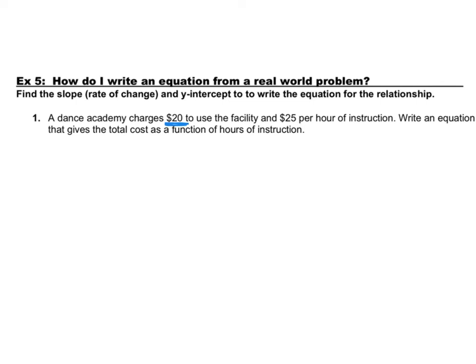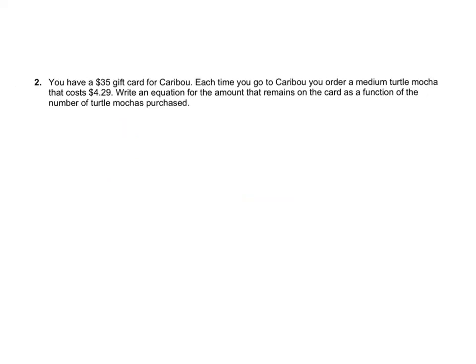So I think it said function, so let's just do f of x is equal to our $20, and then our $25 is per hour. So our slope is 25, and our y-intercept is the 20, and so our equation is f of x is equal to 20 plus 25x.